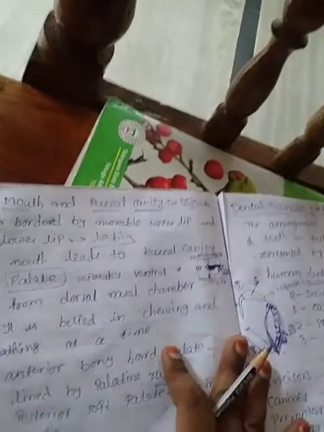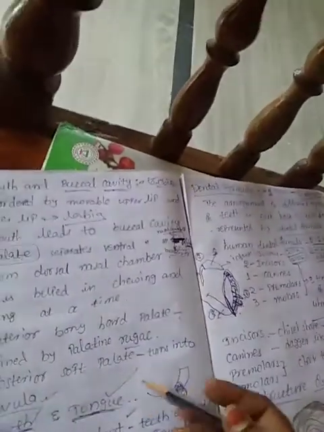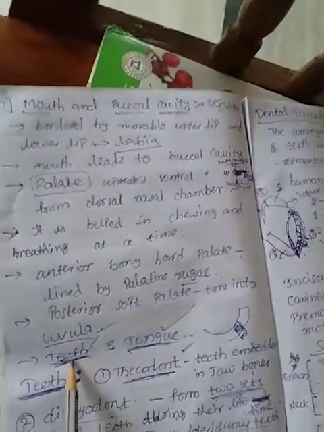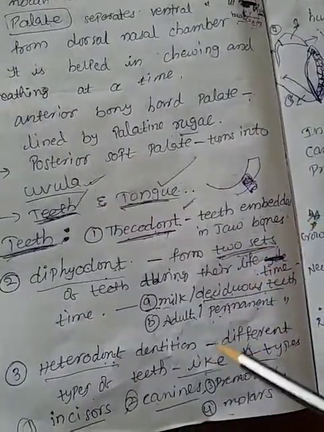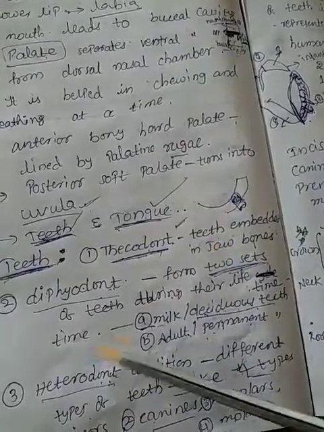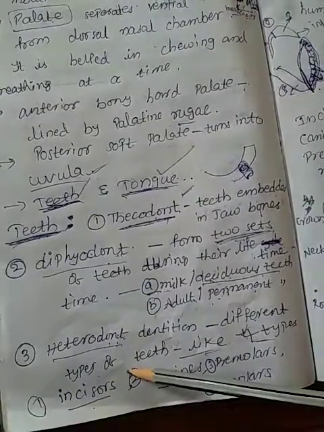Mouth is a small opening in between 2 movable lips. Mouth leads to buccal cavity. In buccal cavity we have 2 parts: teeth and tongue. Teeth in human beings have 3 types of dentition: thecodont, diphyodont and heterodont.